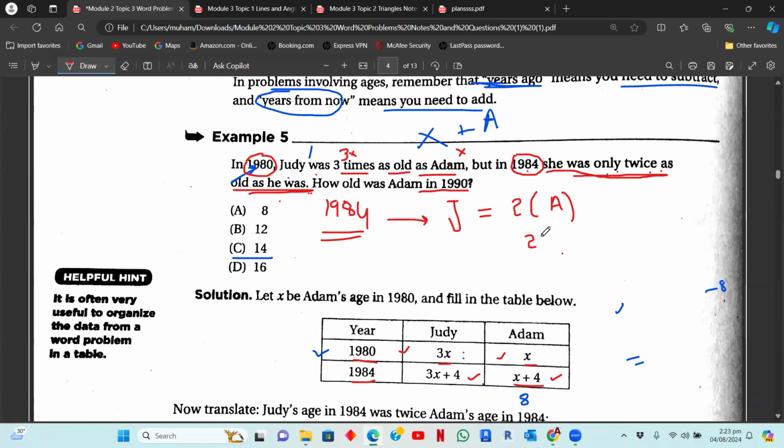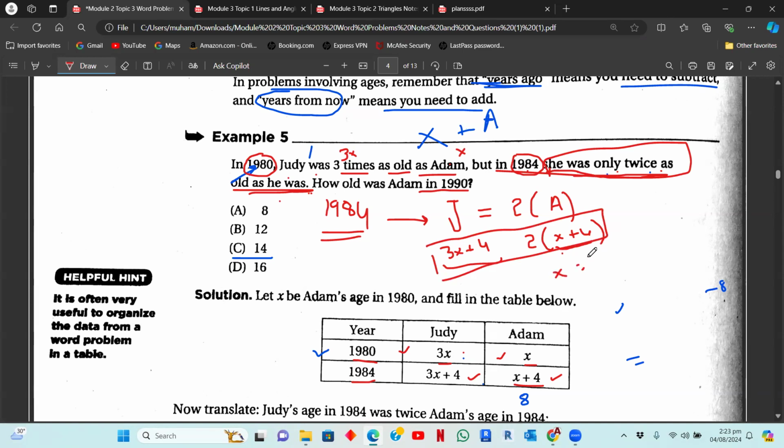Judy's age was 3x plus 4. Imagine that 3x plus 4 is one complete age, and x plus 4 is one complete age. We're fitting this into the equation that they've asked us to make. Now, if you solve this equation, the value for x will be 4.